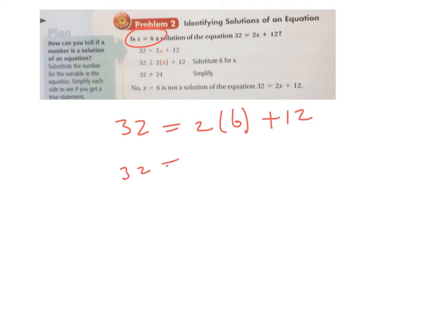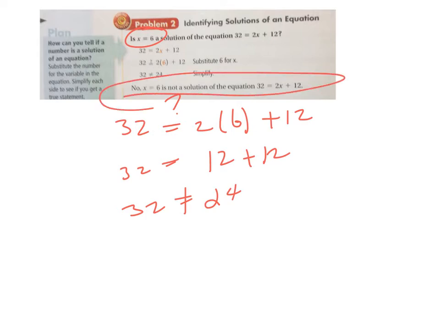So 32, again, we're questioning, does that equal 2 times 6 is 12. 12 plus 12 is 24, and 32, again, does not equal 24, so we know that 6 is not a solution for that equation. Again, we call it plug and chug. You plug the 6 in for x, right, and you prove whether it's true or not.